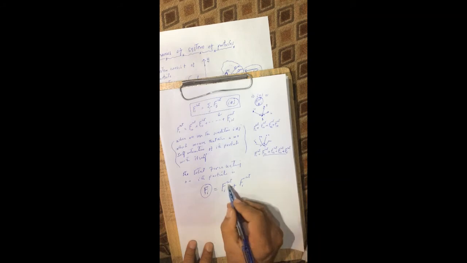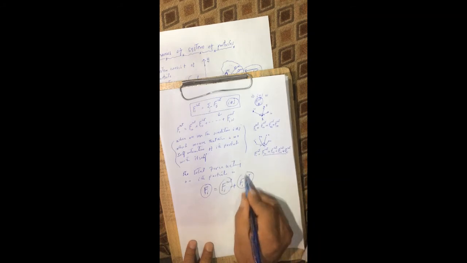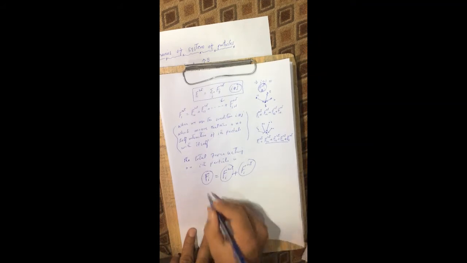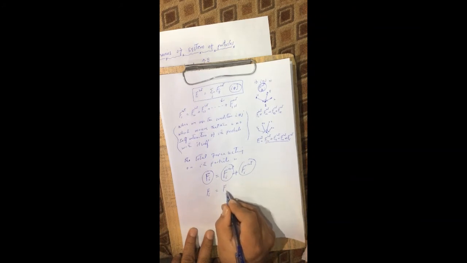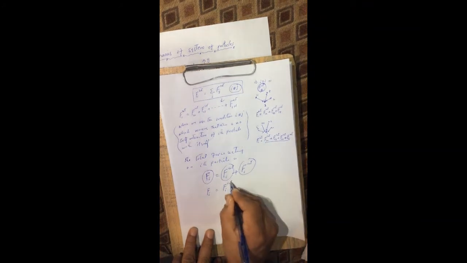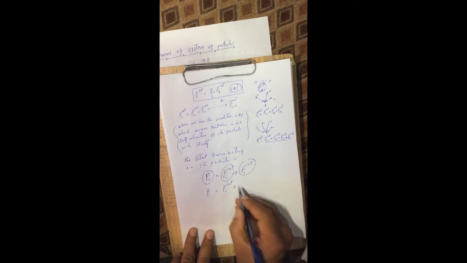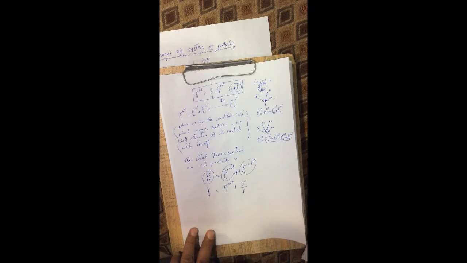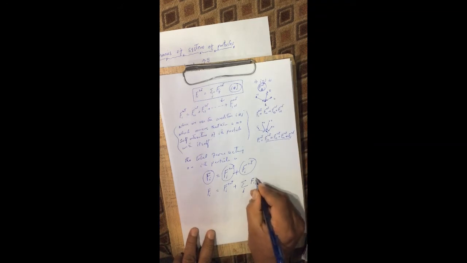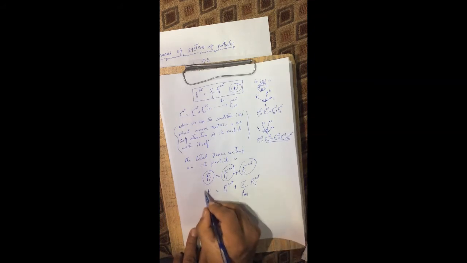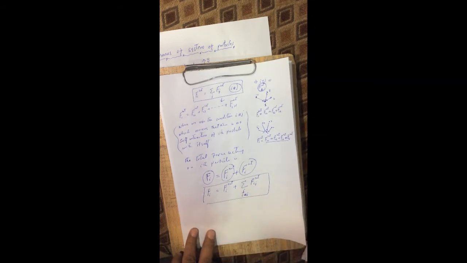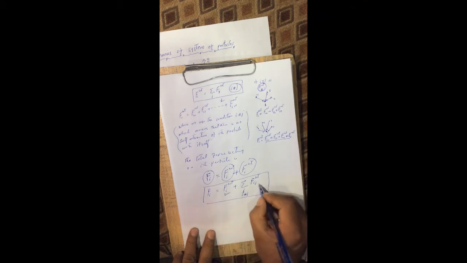The total force acting on the ith particle is the external force plus the internal force. Or I can write it like this: the external force acting on the ith particle plus the internal force, and we represent the internal force by the sum over j of F_ij internal, but here we will use the condition that i is not equal to j. This is the total force acting on the ith particle, the sum of external force plus internal force.